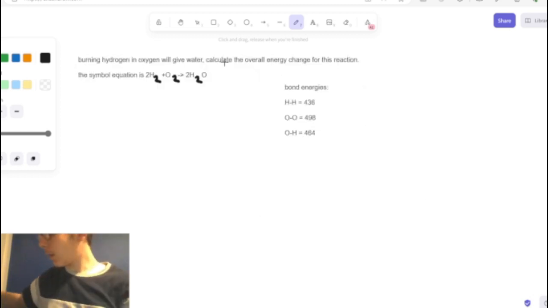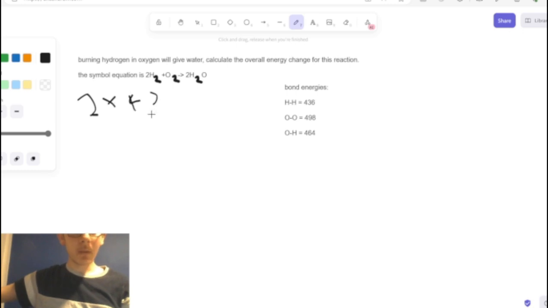Another part of doing this topic is we need to calculate bond energies and overall energy changes. So here's an example. Burning hydrogen in oxygen will give water. Calculate the overall energy change. This is a simple equation, and here are the bond energies. So we've got 2 lots of hydrogen, so we need to do 2 times 436, which gives us 872.